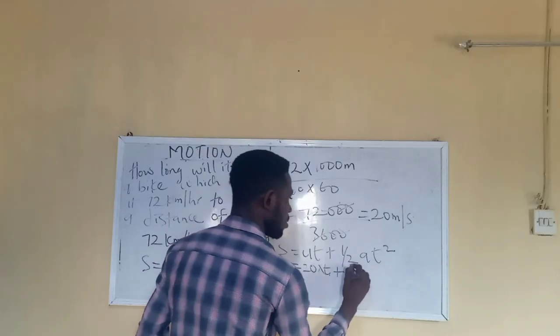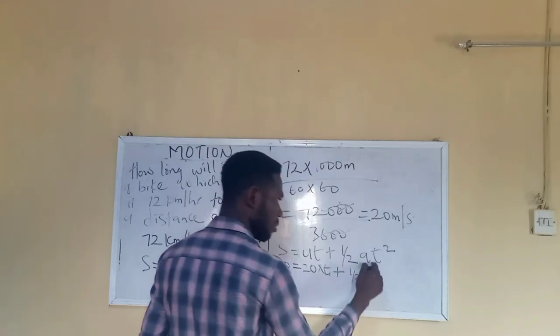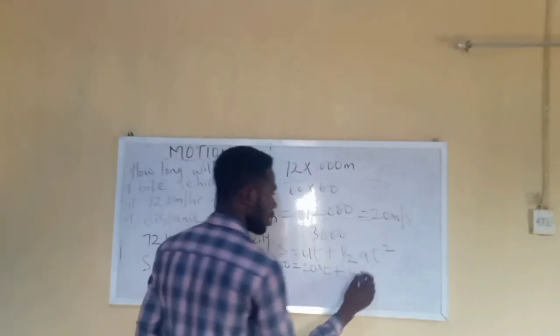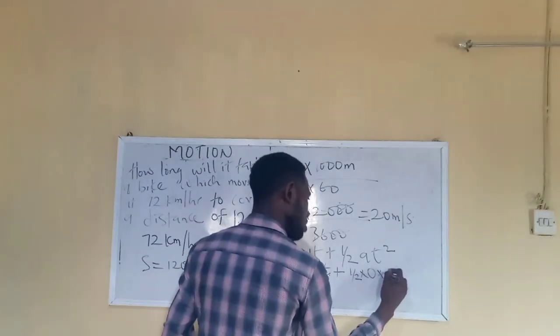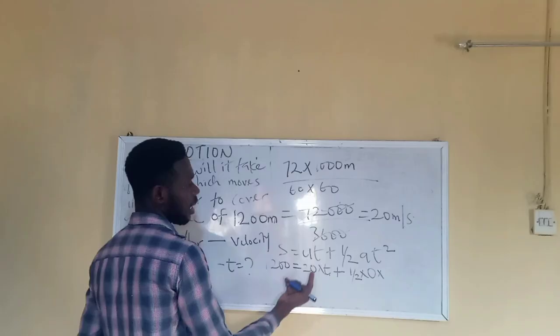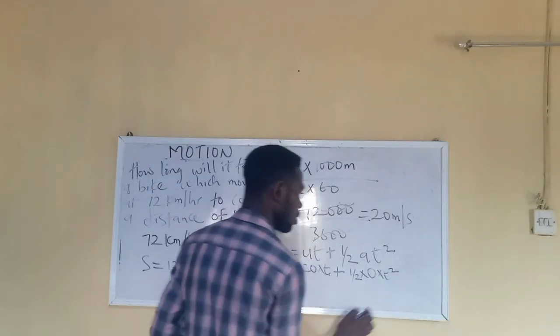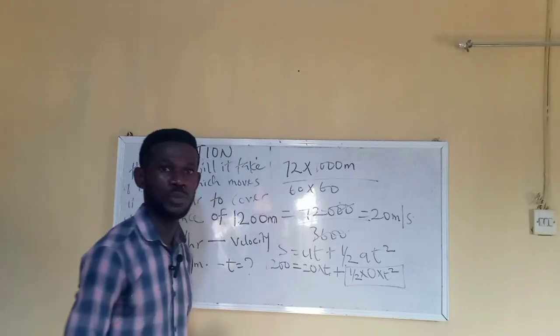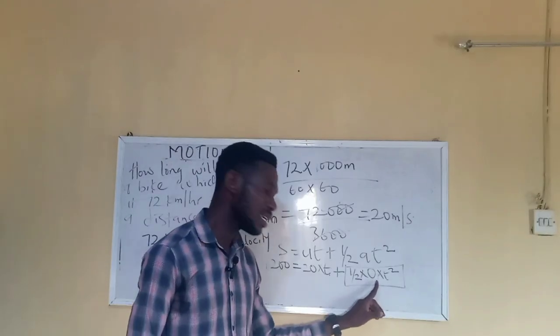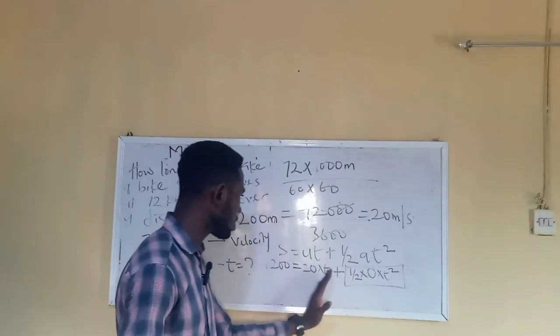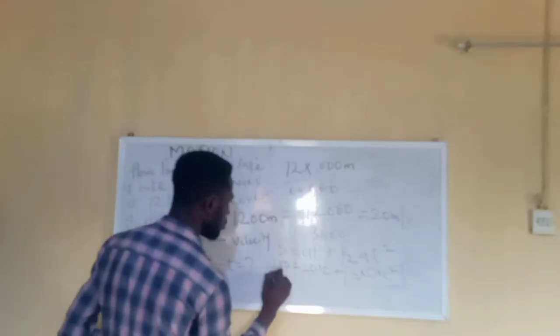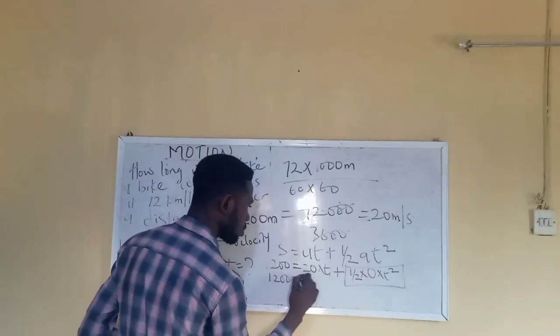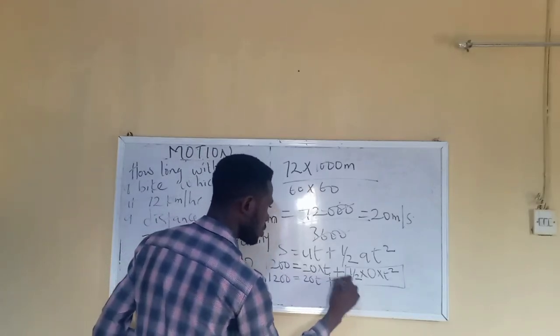Our half multiplied by, remember I said our a was not given, so it is 0, times t squared. Even though t is still what we're looking for, everything in this section is going to be 0 because it is multiplied by 0. So it is going to be this plus 0. So you have 1200 equals 20t plus 0.